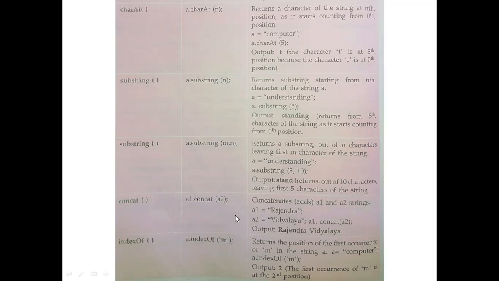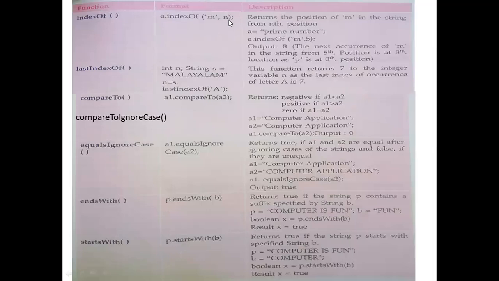But if you want to specify from some particular position onward, see, A has prime number in it, right? A.indexOf(M), I want to search for M, but don't start from the zero position. Start from the fifth position.